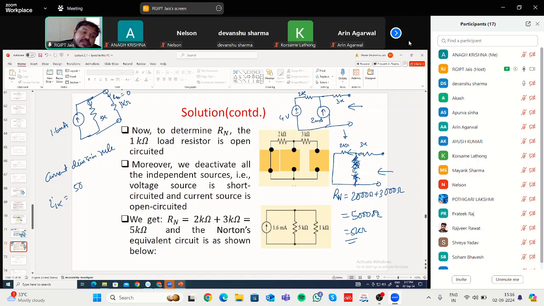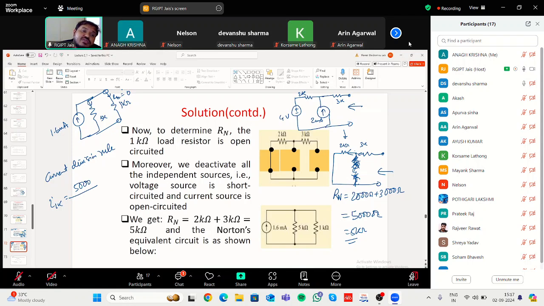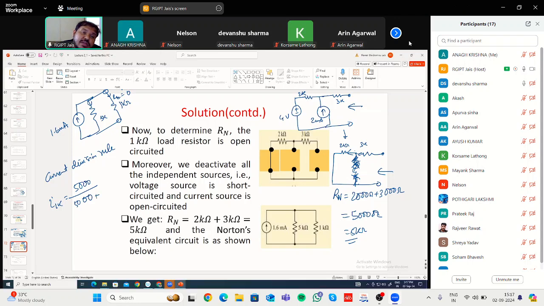That is 5000, divided by the total resistance of these two, that means 5000 plus 1000, multiplied by the net current. Net current is 1.6 milliampere, which is getting divided in two parts, this and this. So multiplied by 1.6 times 10 to the power minus 3 ampere.